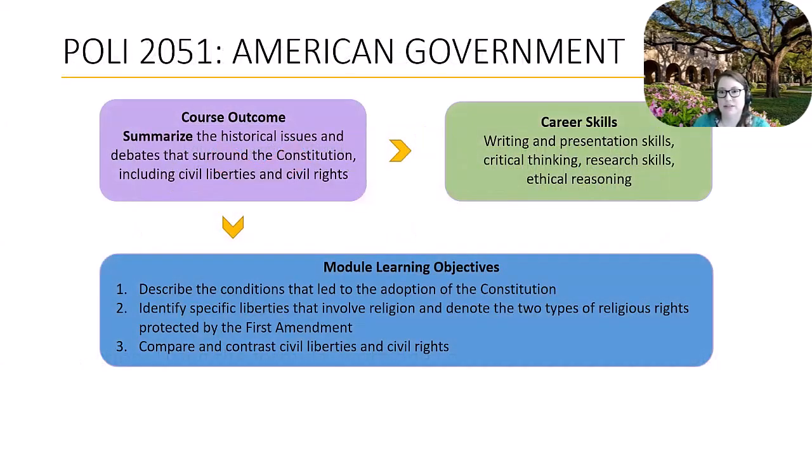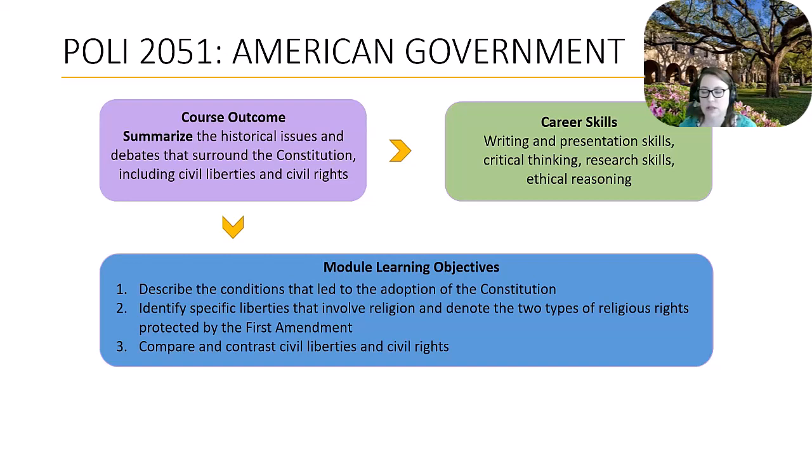All right, so now we're going to take a look at how we can map career skills and the module learning objectives to that course outcome. So we have the course outcome that we just selected, and this large outcome has been broken down into more manageable objectives, because before they can summarize something, they have to be able to describe the conditions and identify specific liberties and be able to compare and contrast liberties and rights.